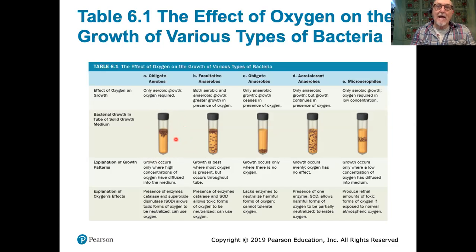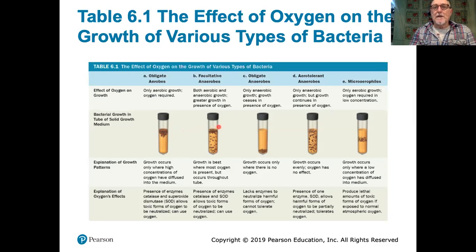That is, they are required to have oxygen present in some abundance in order for them to function properly. They have no ability to function anaerobically, so they are obligate aerobes. We see them in what you'll learn in a little while is called a reducing medium. We see them only growing here at the very top of the tube where oxygen is abundant.